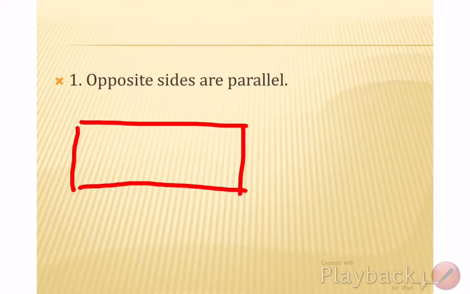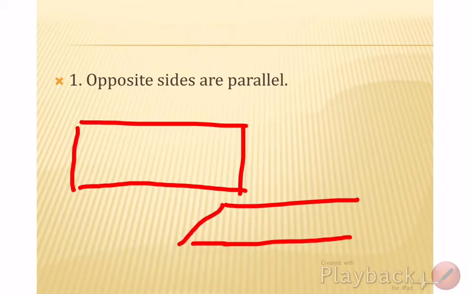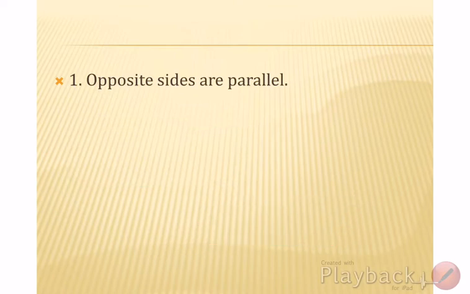It could look a little different. So I could have these sides be parallel, but this side is a different length maybe. I think we could say that would fit the bill for a parallelogram.